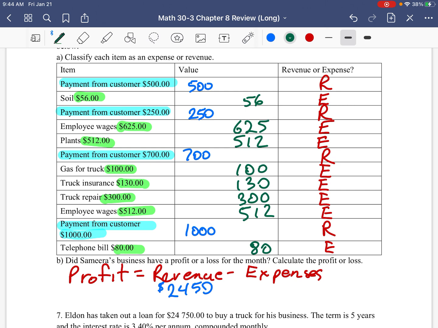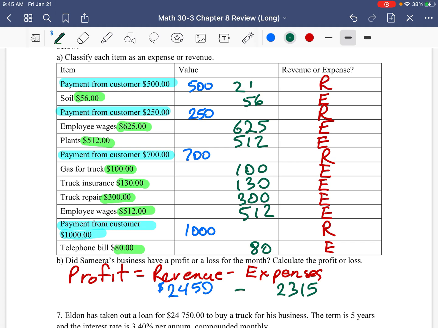So let me see. 2, 4, 10, 15. 1, 5, 6, 7, 8, 9, 10, 13. 1, carry the 2, 2. Yes, I'm old enough. I can do most of this without a calculator. Anyway, 11, 12, 13, 14, 15, 23. $2,315, I think. But let me double check that number.